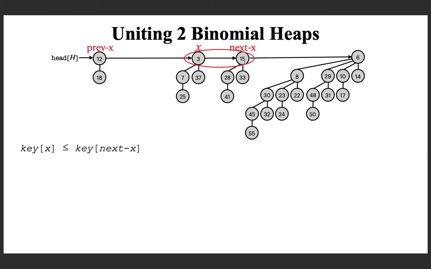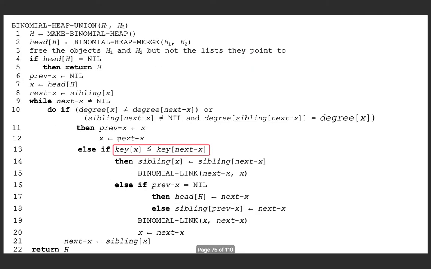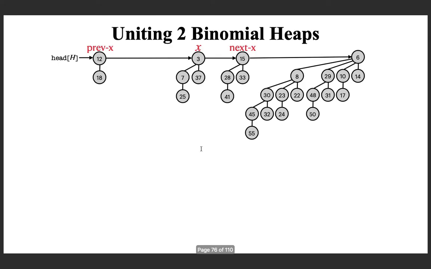First you have to check whether this is the case or not, that is, key of x is less than or equal to key of next x. After checking that, you know that you have to set the tree rooted at next x as the leftmost child of x. So this will be removed and set as the leftmost child of this node.